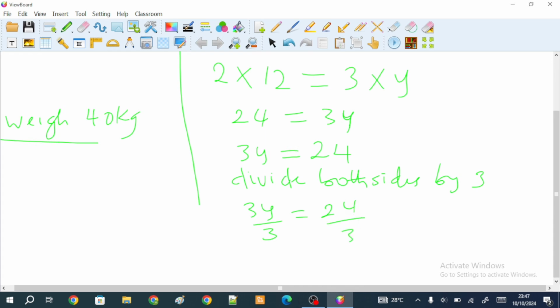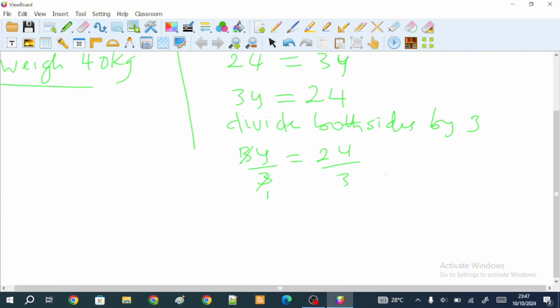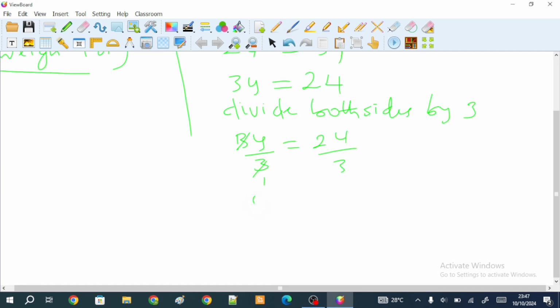All right, so 3 can divide itself 1, 3 can divide 3 1, so we have 1y, which we're going to still write as y. On the right side, 3 will divide 24 to give us 8, because 3 times 8 is 24.